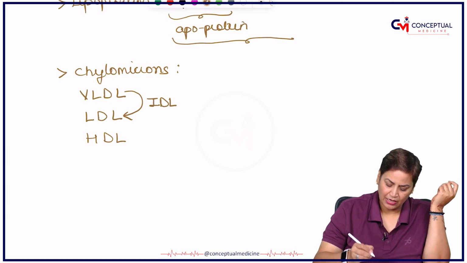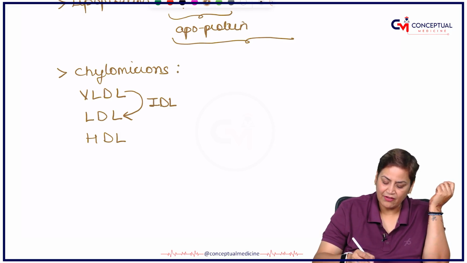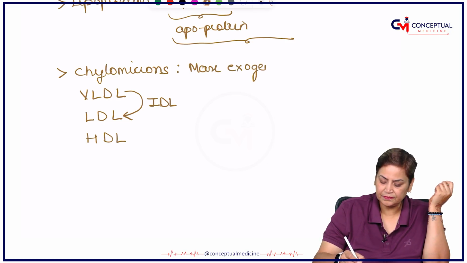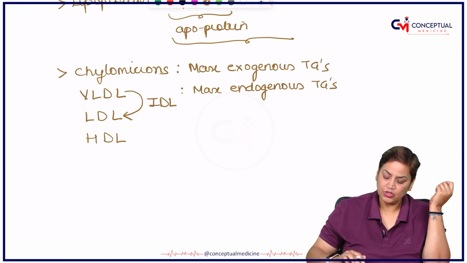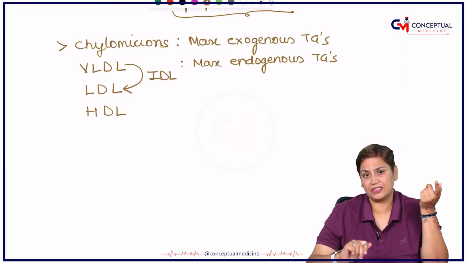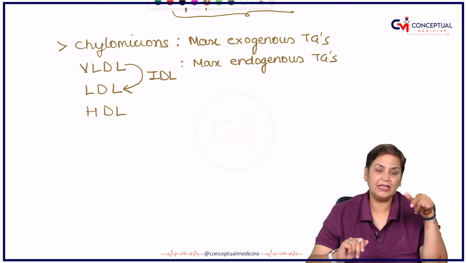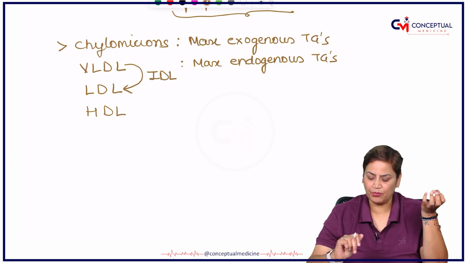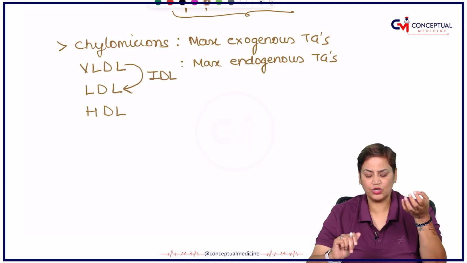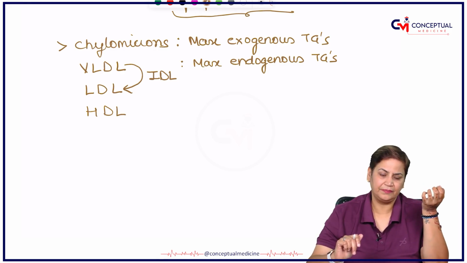If we talk about chylomicrons, chylomicrons have maximum exogenous TGs, whereas VLDL has maximum endogenous TGs. Triglycerides are the fats, and chylomicron or VLDL is the lipoprotein. So VLDL has the maximum concentration of endogenous fat.